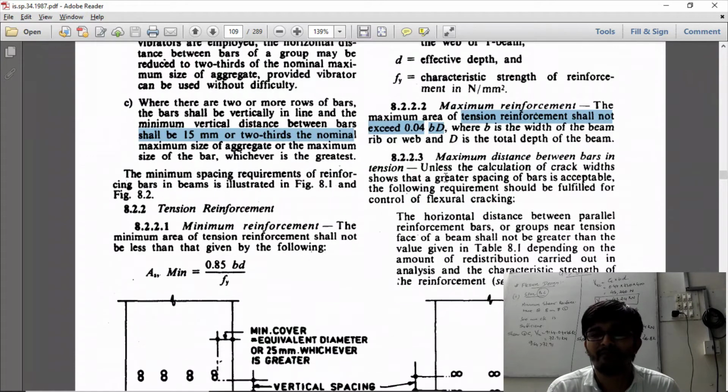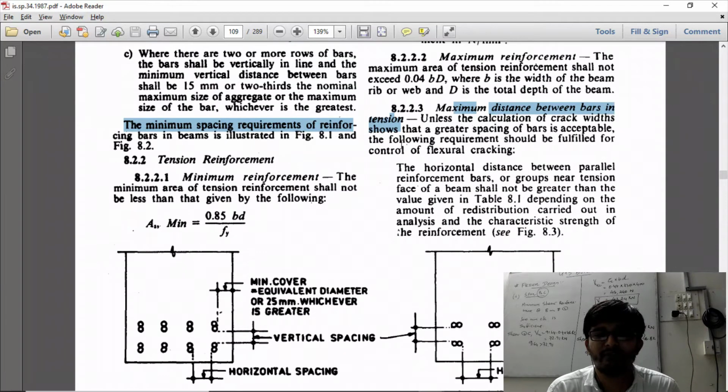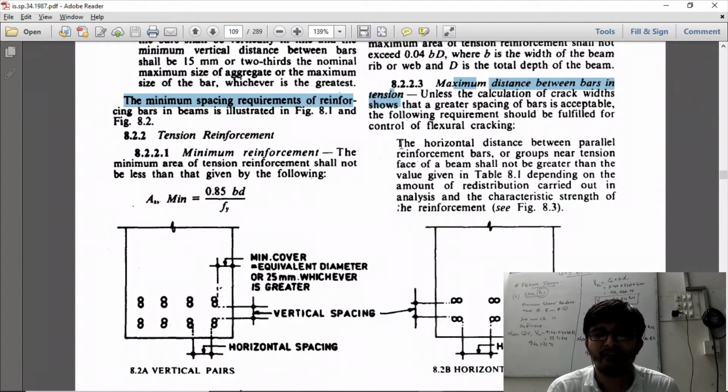Then the maximum distance between bars in tension, that is horizontal distance. Unless the calculation of crack width shows that the greater spacing of bar is acceptable, the following requirements should be fulfilled for controlling the flexural cracking.